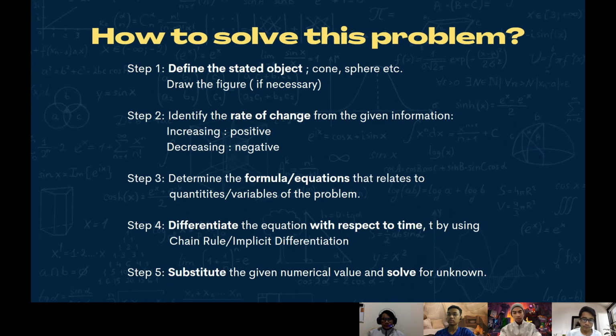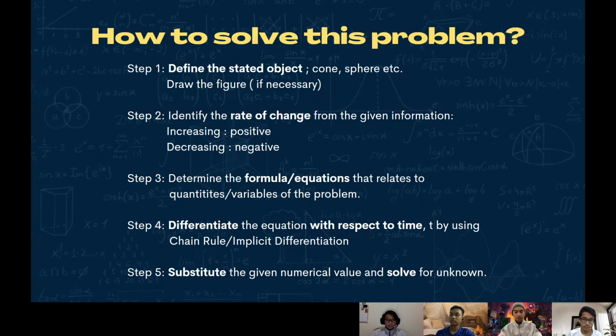So how do we solve this problem? The first step is to define the stated object, for example, cone or sphere, and draw the figure if necessary. Step 2 is to identify the rate of change from the given information. If the information states that it is increasing, the answer will be positive, and if it is decreasing, the answer will be negative.